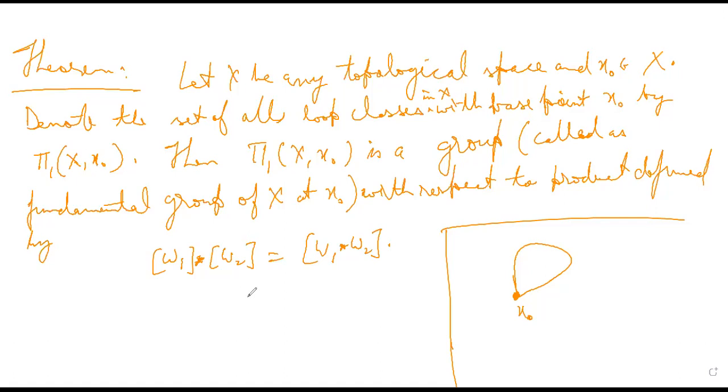And we have already seen that the product of path classes is associative, and that this product is well defined.